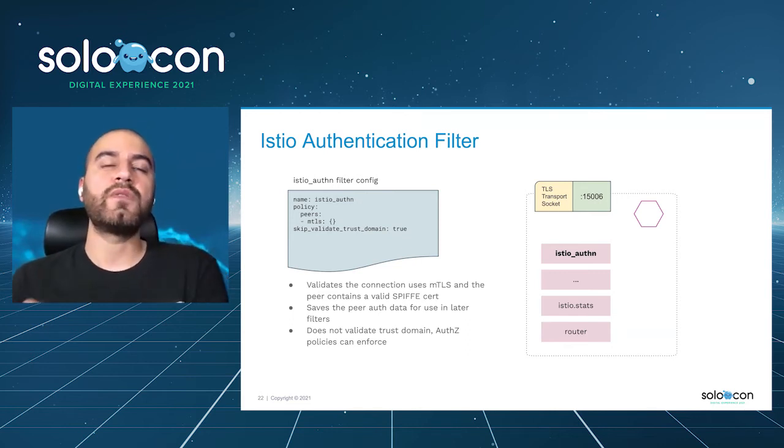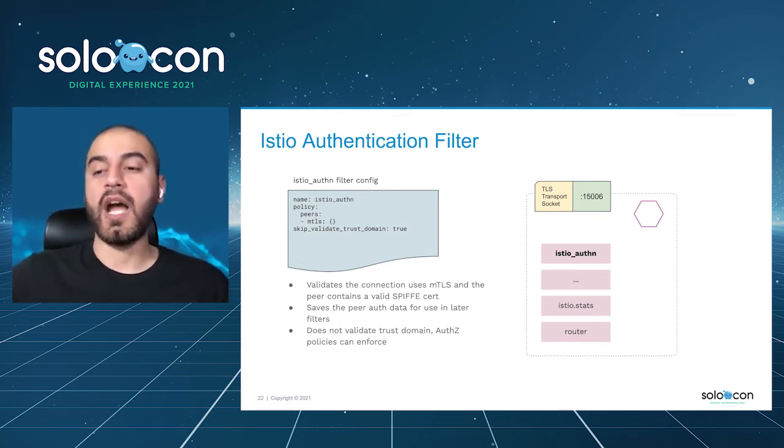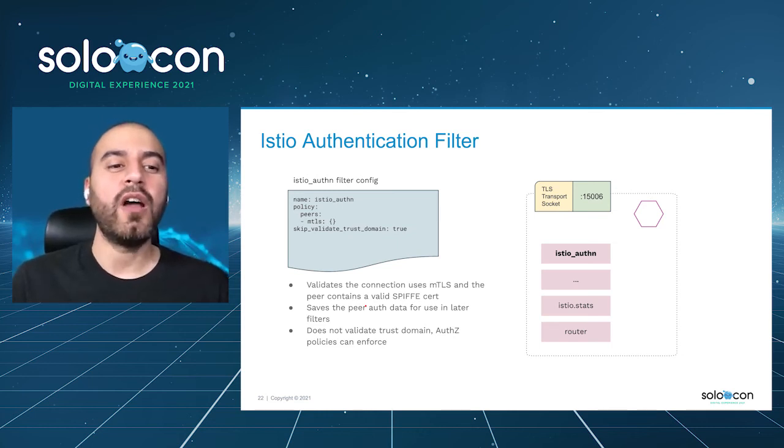So what this filter itself does, in strict mode, is validate that the connection uses mutual TLS and that the peer, or in other words the client certificate, is a valid SPIFFE cert. And one of the other important things that it does is it saves the peer data for use in later filters.